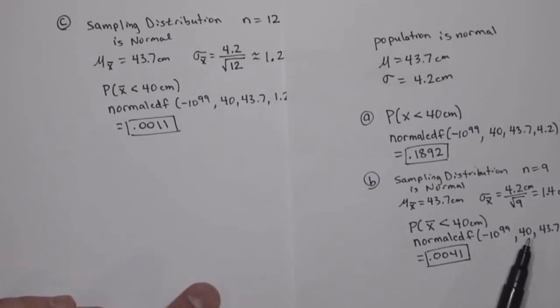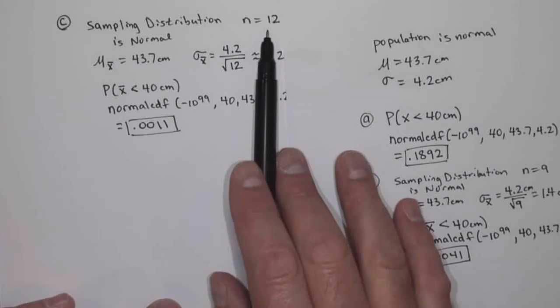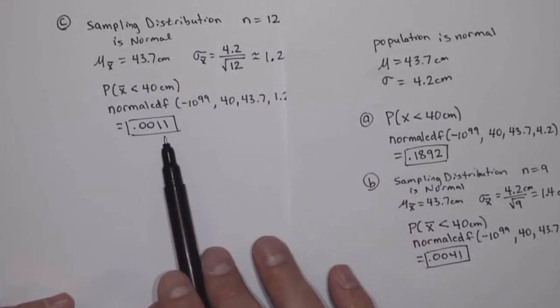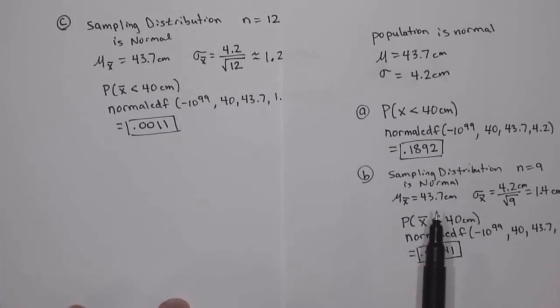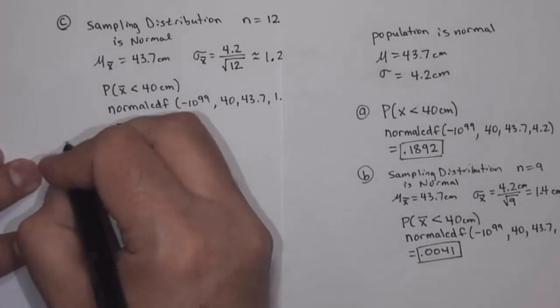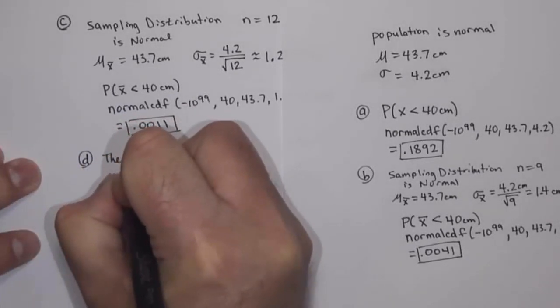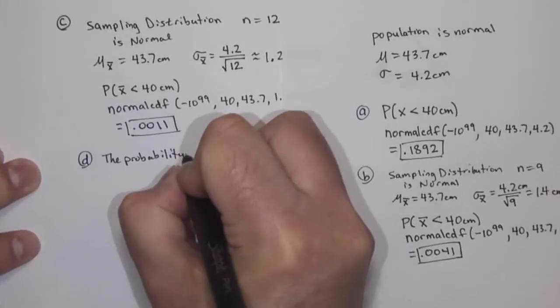When we picked 12 individuals, the probability that the mean of those 12 individuals was less than 40 centimeters is 0.0011. So as our sample size increases, the probability of being less than 40 decreases. So the answer to part D, the probability decreases.